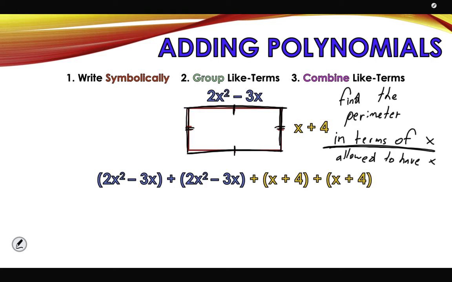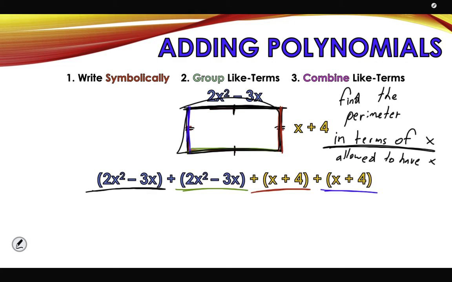Let me color code it a bit. I'm going to say that this side is this part of my polynomial. And then I'm going to say that this side is this part. This side is this part. This side is this part. So if I add all four of those things together, it should give me the perimeter to go all the way around this rectangle.